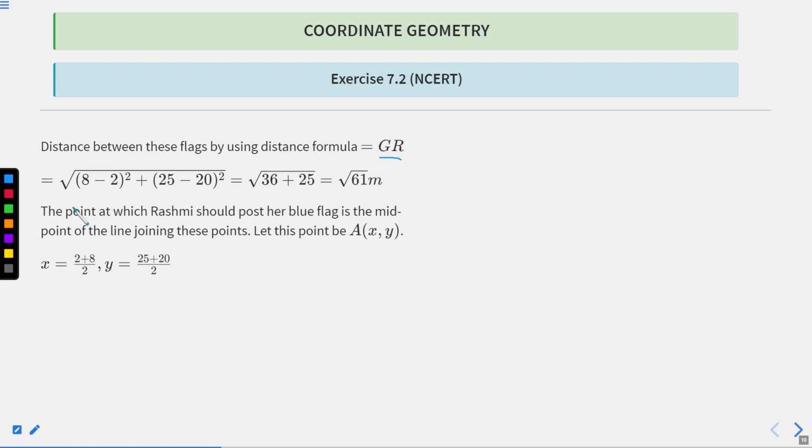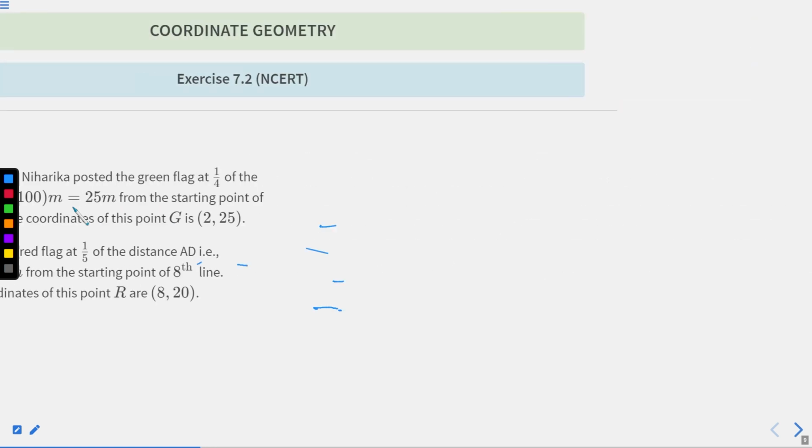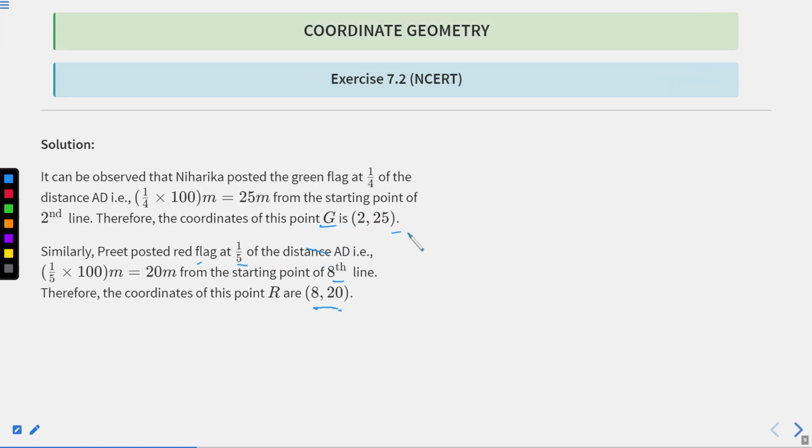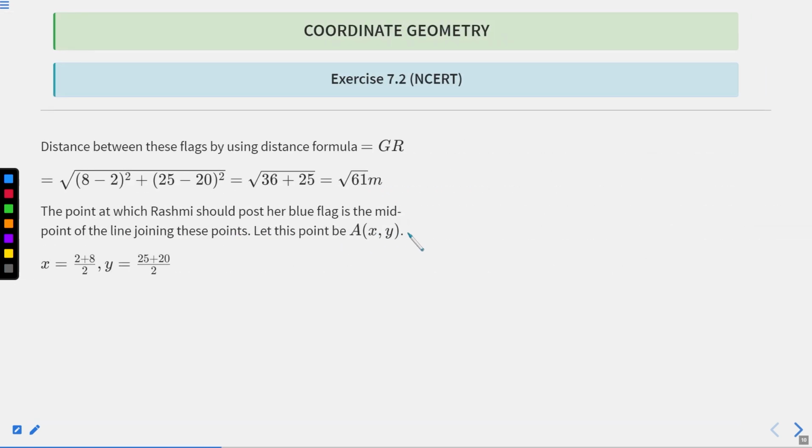We found the coordinates of the green flag, 2, 25, and the coordinates of the red flag are 8, 20. Then by using the distance formula, we find the distance between these flags.